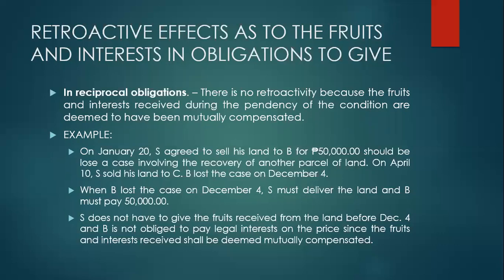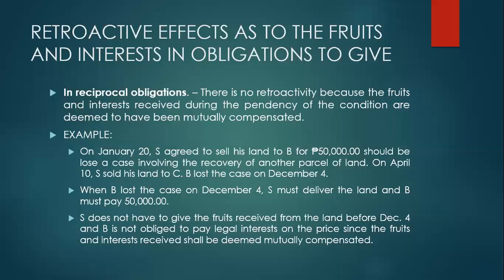So under the law, if the obligation is reciprocal, with respect to the fruits and interest, there is no retroactive effect because they will be mutually compensated. For example, on January 20, S agreed to sell his land to B for 50,000 pesos, should B lose a case involving the recovery of another parcel of land.